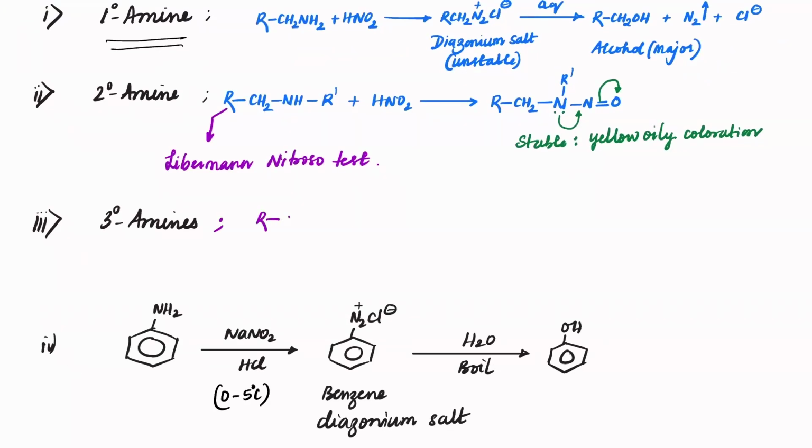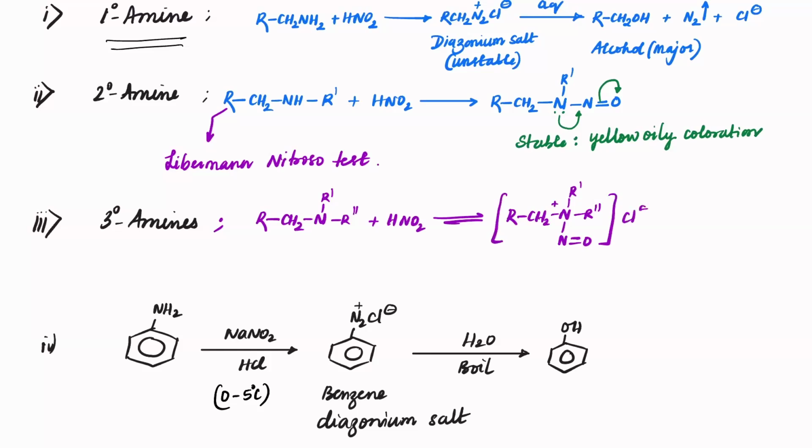That is, if you have R, CH2, N, R dash, and R double dash, and you react it with HNO2, here also it will be a highly backward step reaction where you have CH2, N, R dash, R double dash connected to N double bond O with plus charge, and Cl minus.